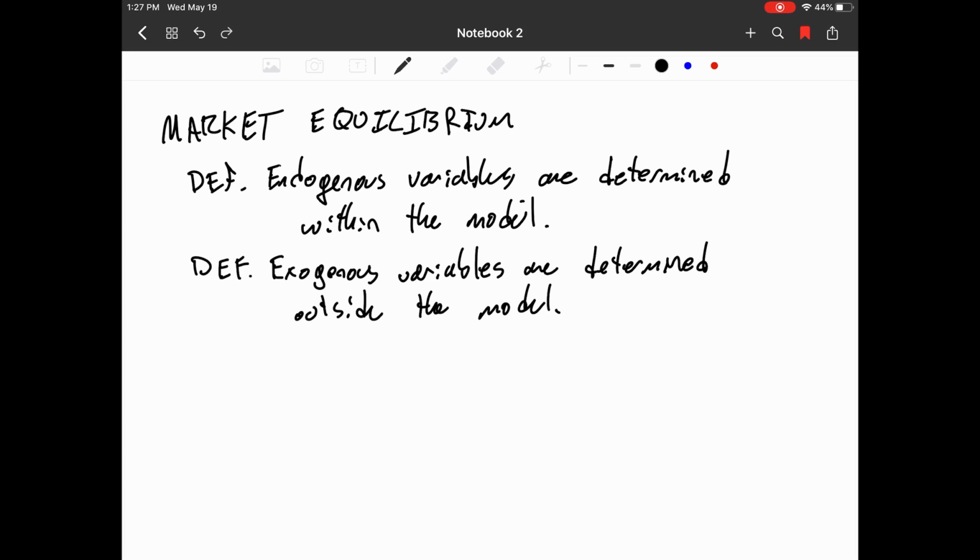So with our example, the linear cheese model, P0, Pi, and Y are all determined outside the model. So here we have price, QD, and QS. And here we have Pi, P0, and Y, which are all exogenous.